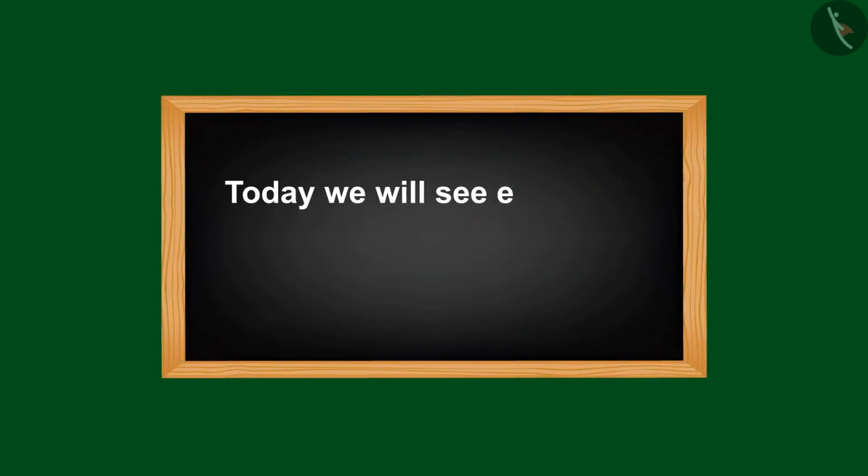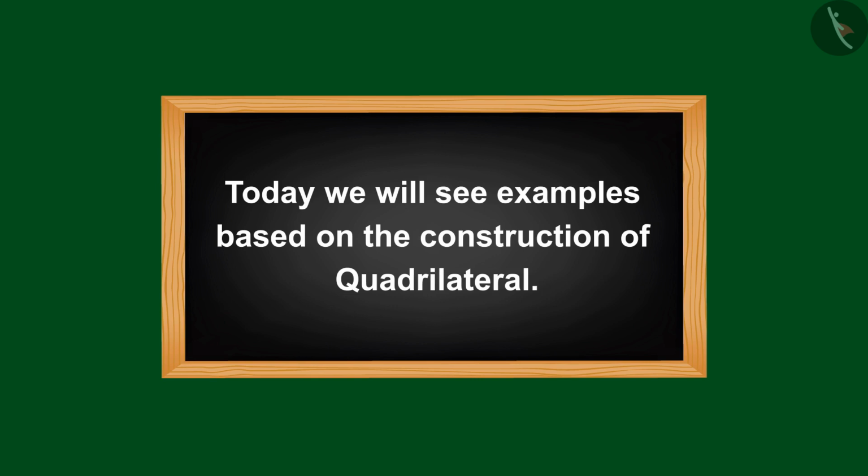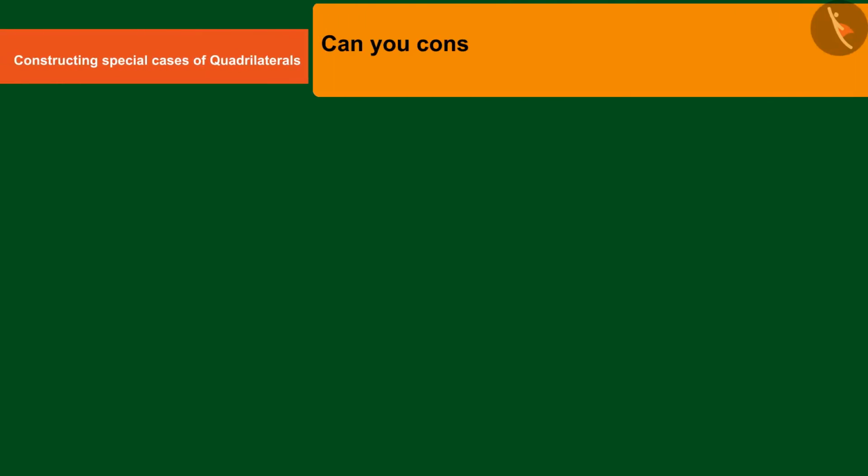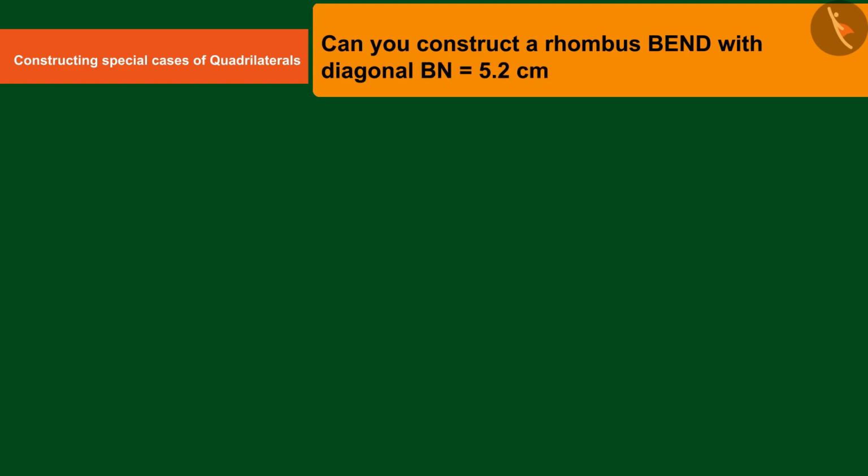Today we will see examples based on the construction of quadrilaterals. Can you construct a rhombus BEND with diagonal BN equals 5.2 centimeters and DE equals 6.4 centimeters?